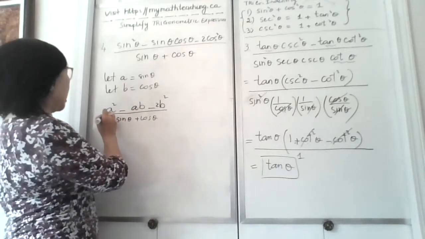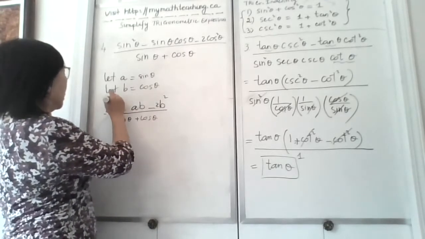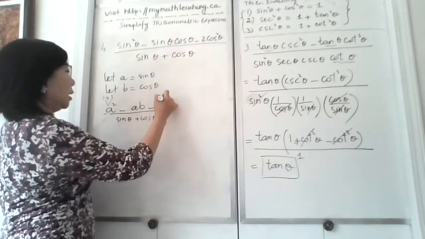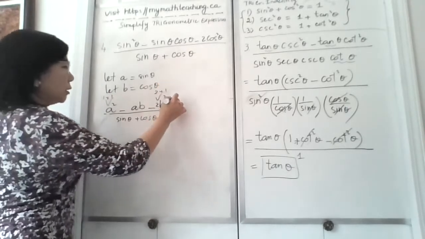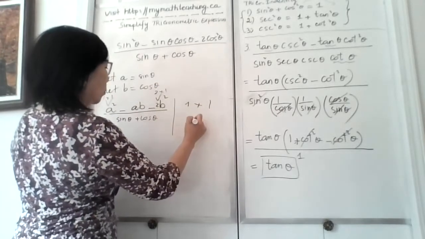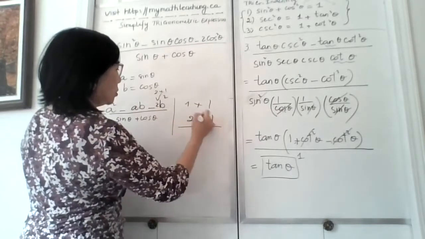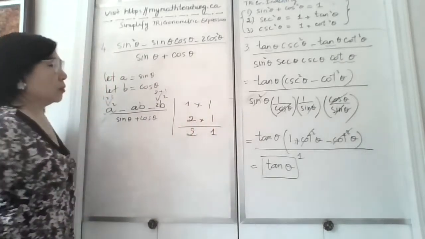So if I break the coefficients down, 1 times 1 and 2 times 1, I cross multiply: 1 times 1 is 1, 1 times 2 is 2.